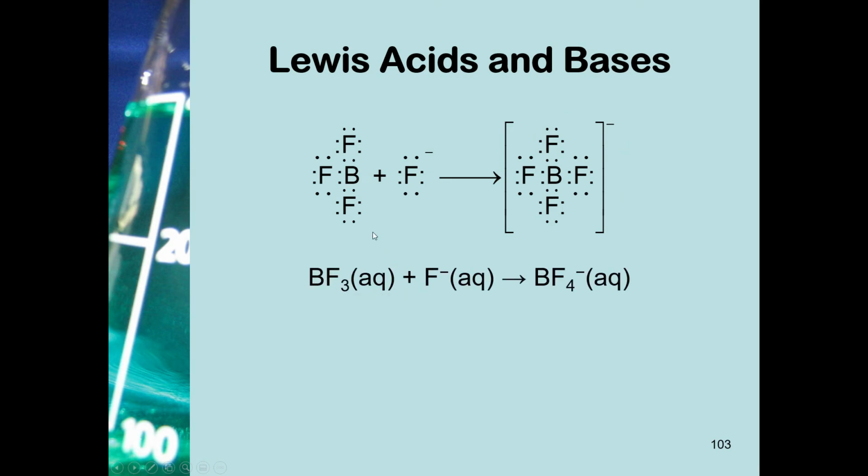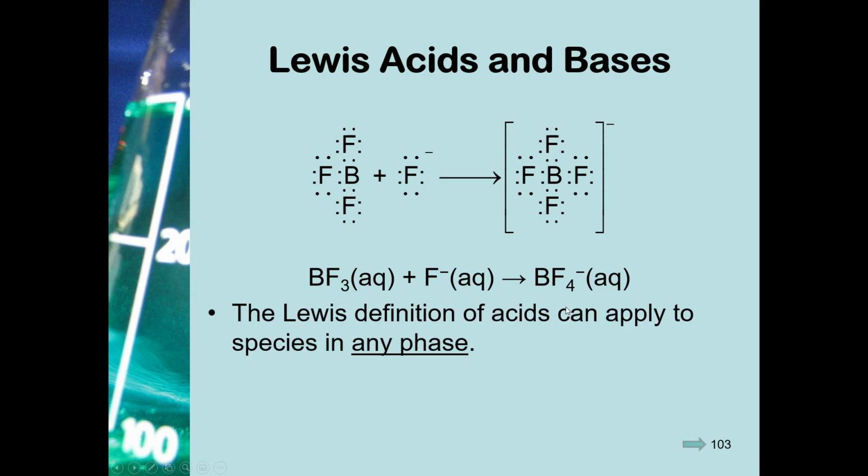So here's how we would write this, the Lewis structure in the form of a regular formula, and it forms this new negative ion. So in this situation right here, it was the boron trifluoride that actually accepted the electron pair, and so it's what's acting as the acid.